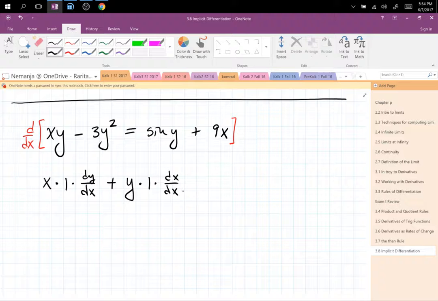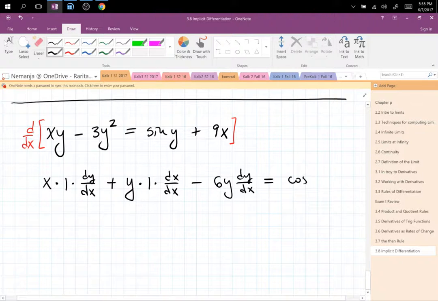So copy x, the derivative of y is 1, and then dy dx because we took the derivative of y with respect to x, plus copy the second one, which is y, and then the derivative of the first, which is the derivative of x, is 1 times dx over dx because I took the derivative of x with respect to x, minus 6y, and then dy dx, very good, equals, on the other side, we have cosine y dy dx plus 9 dx dx, right?